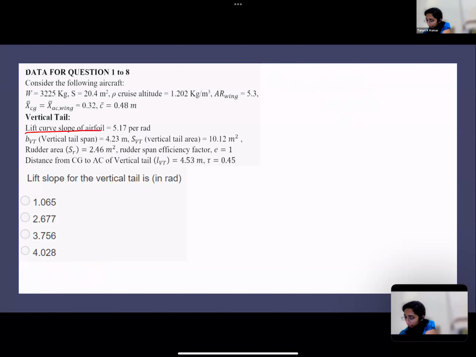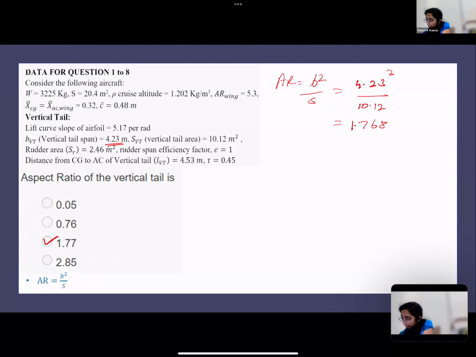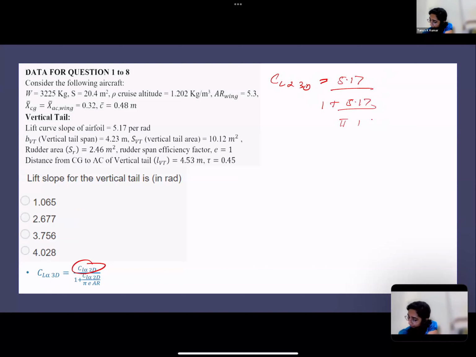Aspect ratio of the vertical tail we had found in the previous question, 1.77. Let's try solving this. Can you try solving this? Just substitute the values and let me know.